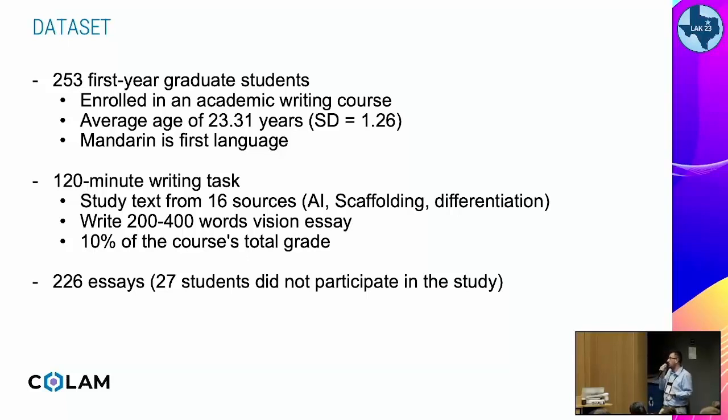So they pretty much needed to describe how they envision education in 2035, given the rise and the advancements of artificial intelligence. And this assignment counted towards 10% of the total course grade. We collected 226 essays, as 27 students did not participate in the study.